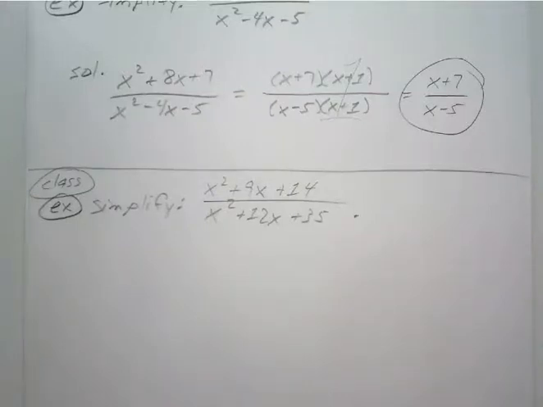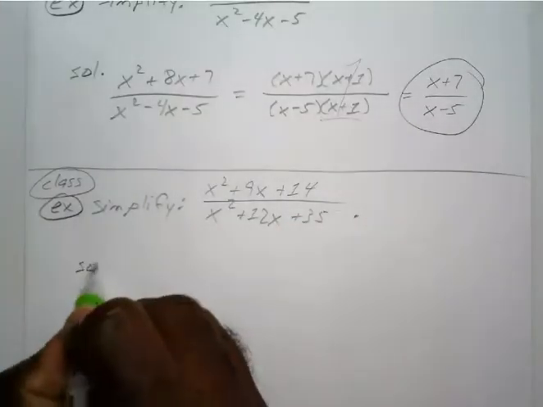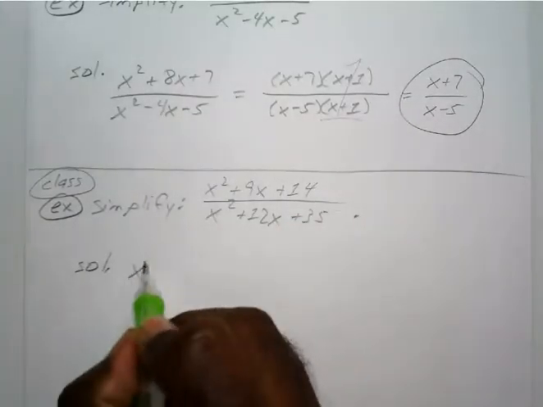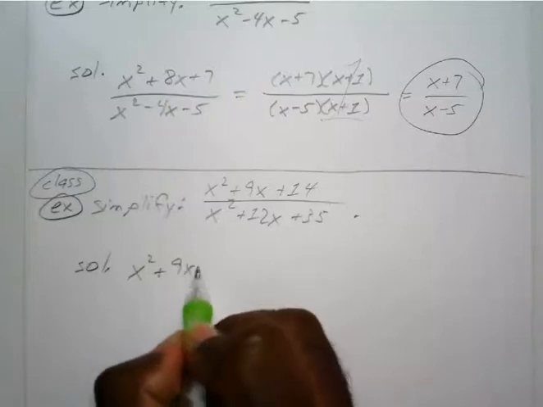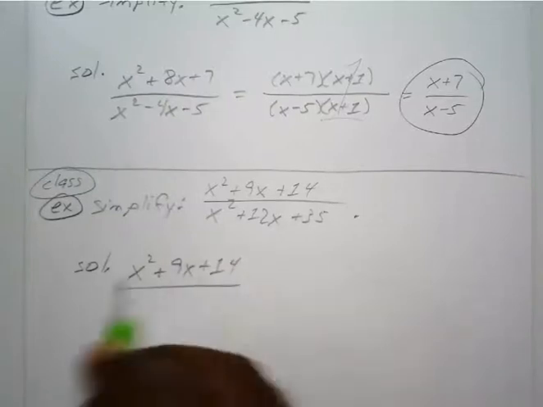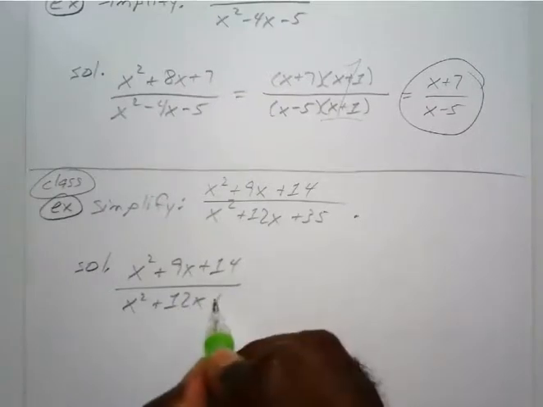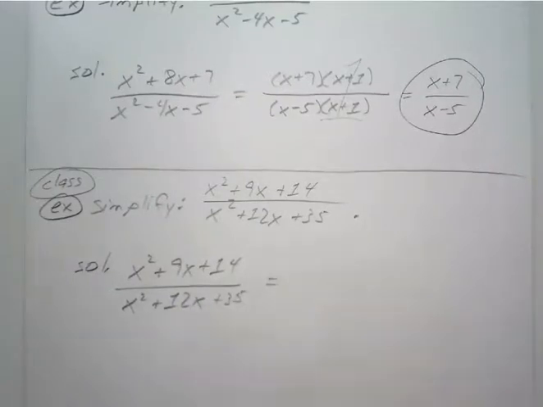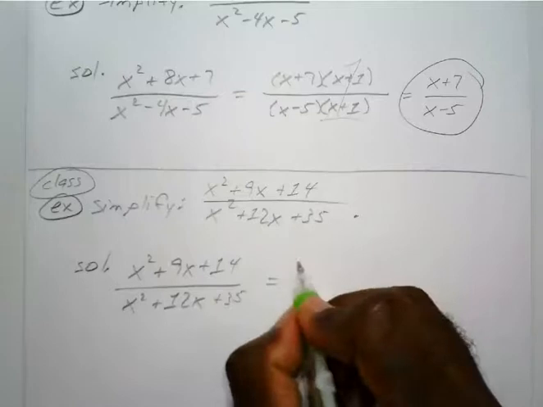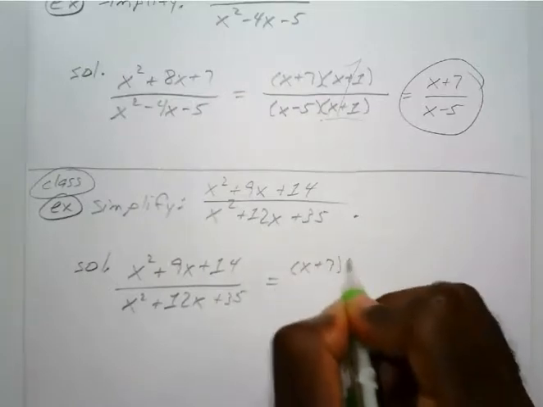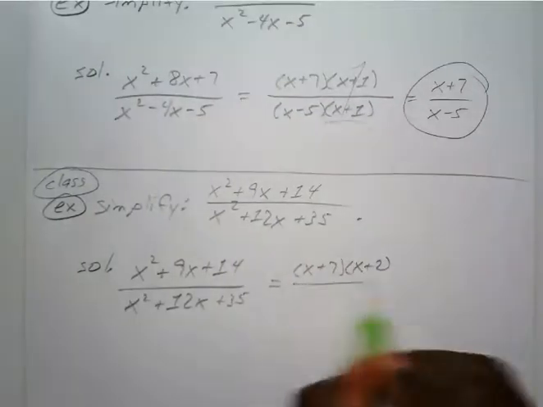All right, so assuming you're all done with this one, we have x squared plus 9x plus 14 over x squared plus 12x plus 35. Find two numbers that multiply to give you 14 and add to give you 9. We know that's 7 and 2. 7 times 2 is 14, 7 plus 2 is 9. So we have x plus 7 times x plus 2.